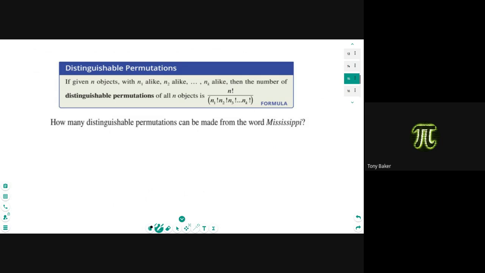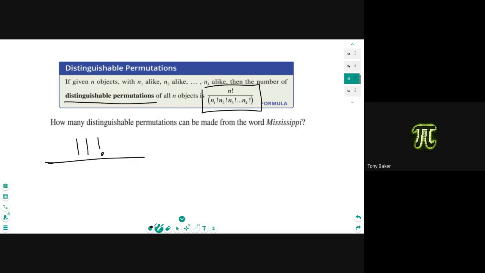In this situation, we need to put down how many of each value exists. So this is the one formula you're probably going to actually need to write down at some point and mark, because it's a very specific situation. So, for example, in Mississippi, how many letters are in the word Mississippi? 11. So I have 11 factorial on the top.